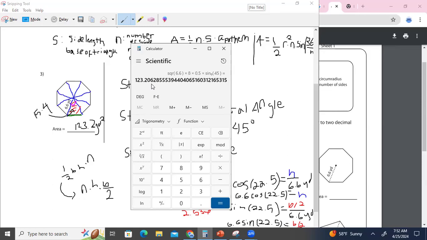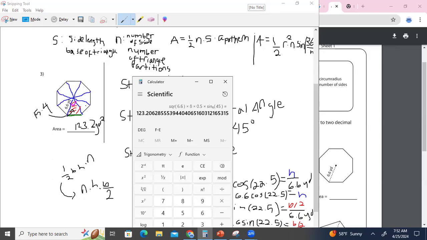So you can use either formula. You can either find the area of one triangular partition and then multiply that by how many triangle partitions. Or you could plug it into half times the second radius squared times your number of sides times sine of your central angle. And it should also still give you the same answer. All right.